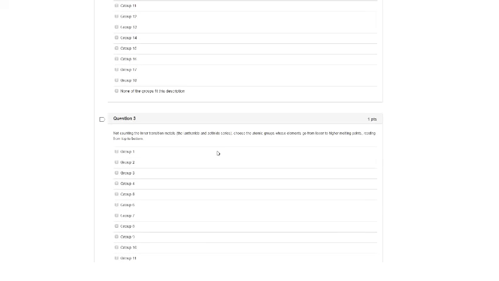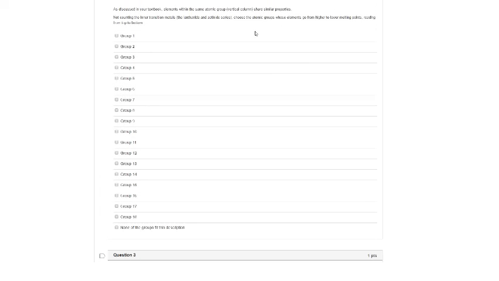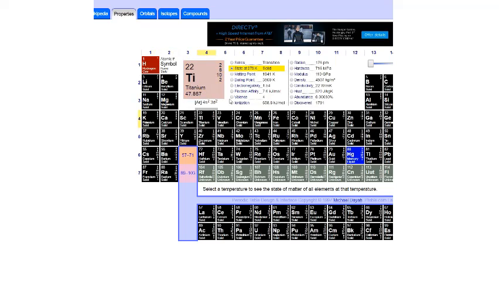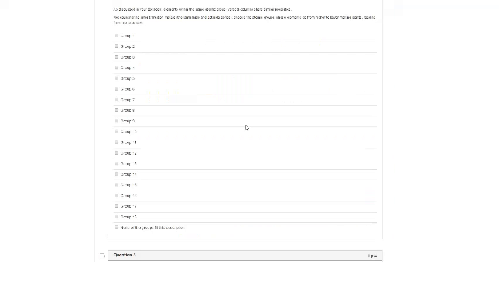So which of the groups, for example, in question 2, go from higher to lower melting points, reading from top to bottom? Here you want to go to the Properties tab, and notice that every time you mouse over the different elements, it'll give you the melting point, the boiling point, and all kinds of information about them, and that's going to help you answer this whole series of questions.